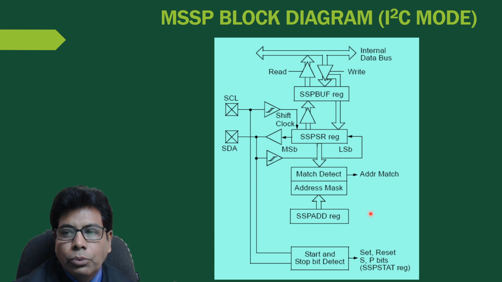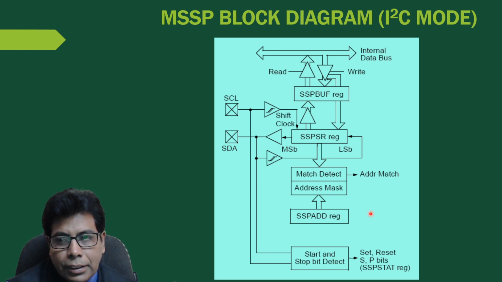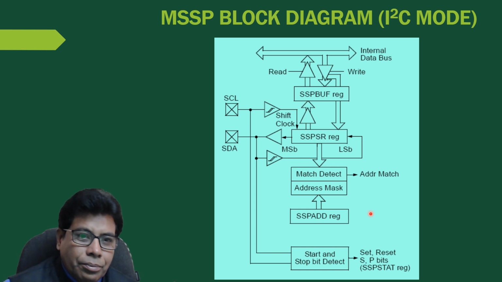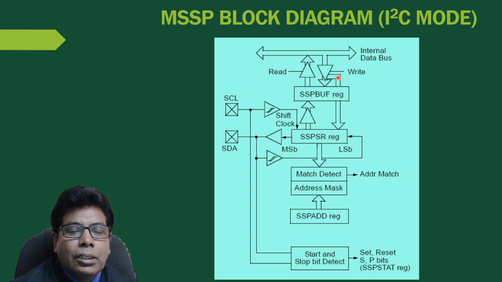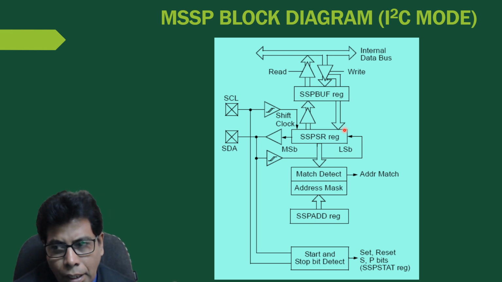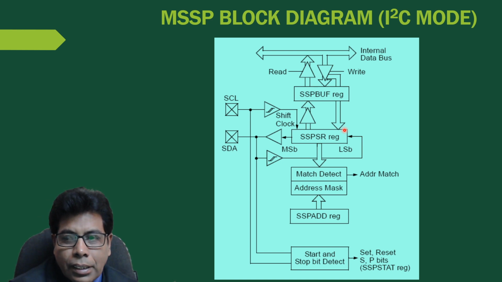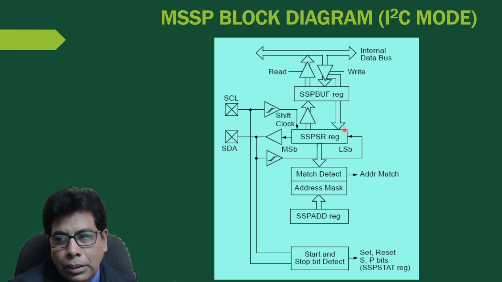Then in receive operations, SSPSR and SSPBUF together create a double buffered receiver. So here the double buffered receiver will be created with the help of these two together, and the complete byte is transferred to SSPBUF and the SSP interrupt is set.